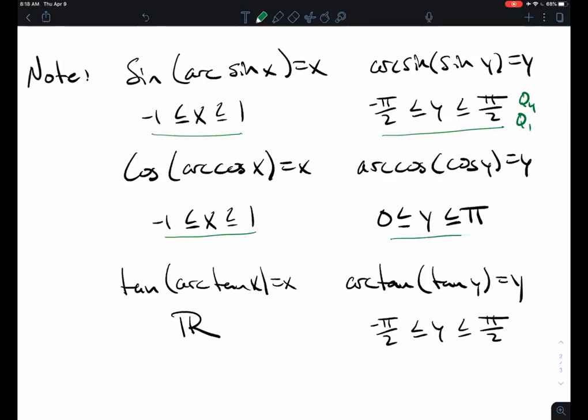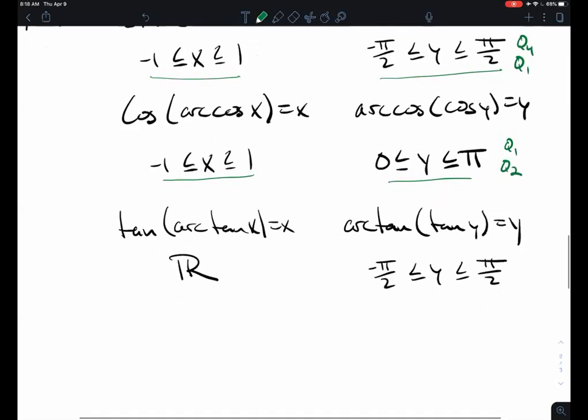Its range is from 0 to pi. So I'm going to write Q1 and Q2. That's where cosine inverse exists. Lastly, tangent, its domain is actually all reals, because if I just take a quick sketch of tangent here, which looks like that, the inverse looks like that.